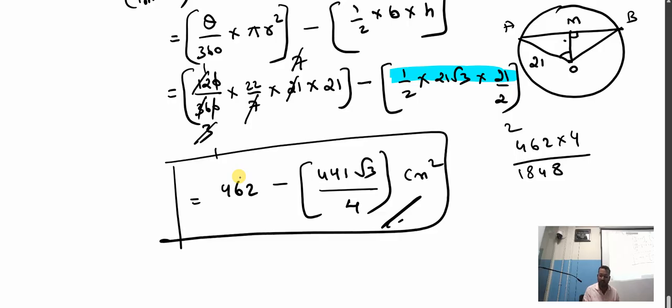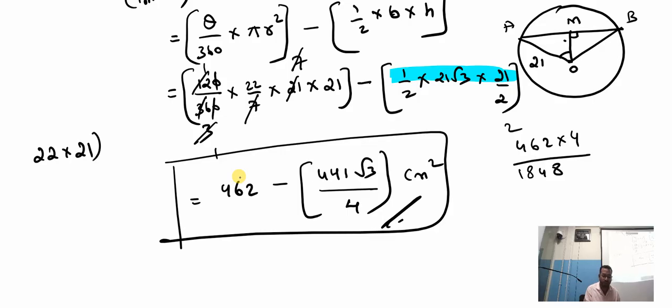Look at the numerator. What is left out? 22 into 21 is left out. Minus, here, what is left out? 21 root 3 by 2 into 21 by 2 is left out. Now here also 21, here also 21. Can we take 21 as common? Yes, sir.